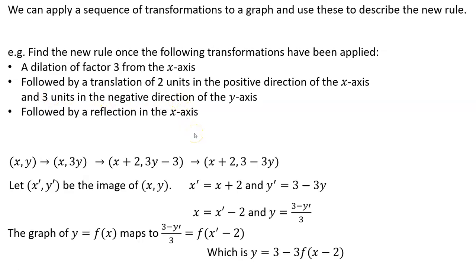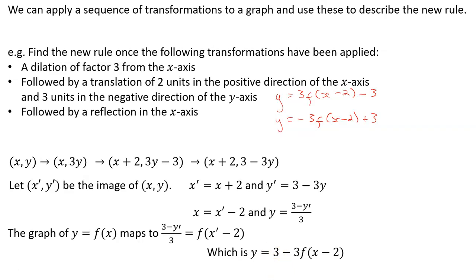So at this point, we're expecting this. No, we're not, minus 3. Negative direction of the y-axis. The reflection in the x-axis multiplies all of this by negative 1. So I get negative 3 f of x minus 2 plus 3. And then I've just written it with the positive 3 at the front because it's a bit neater.